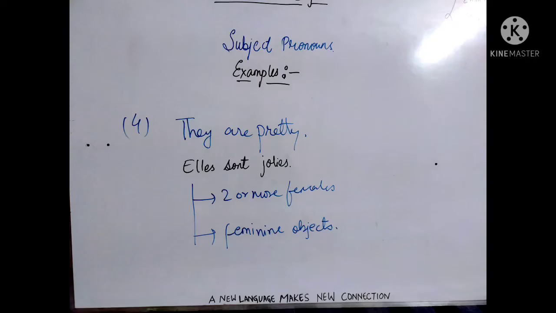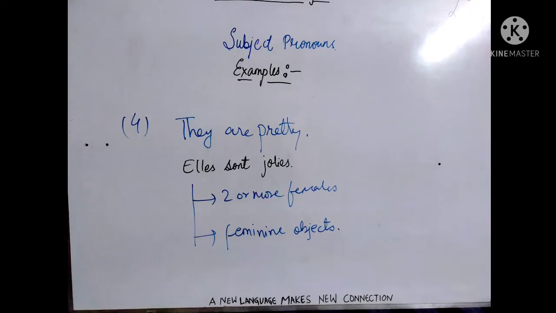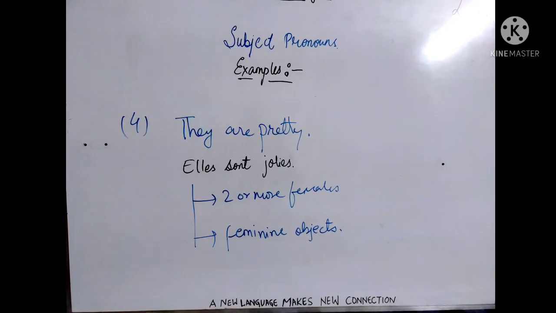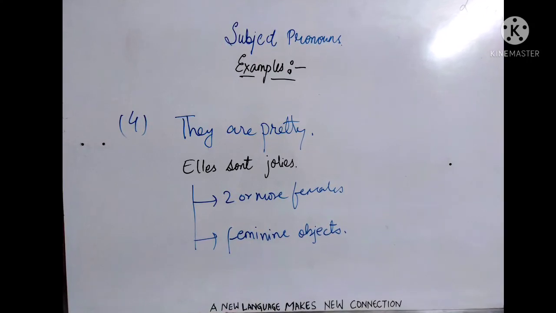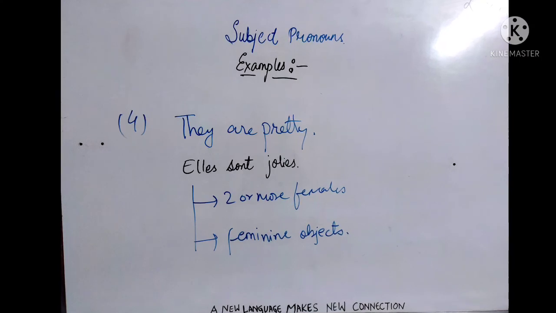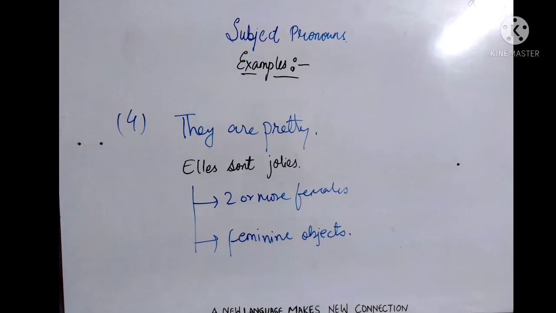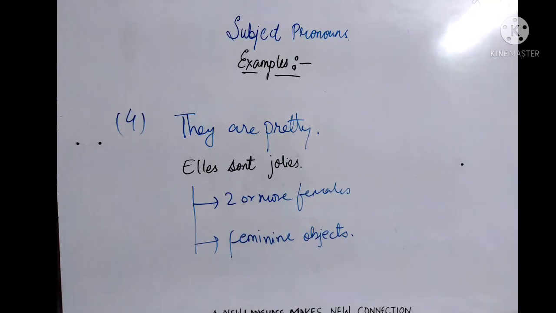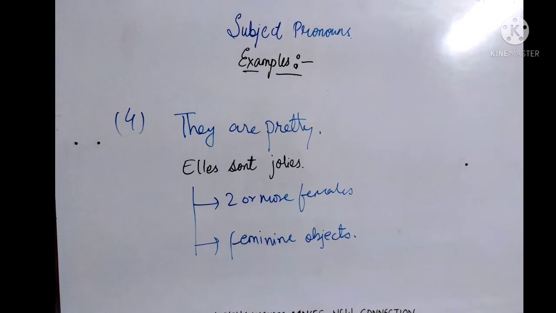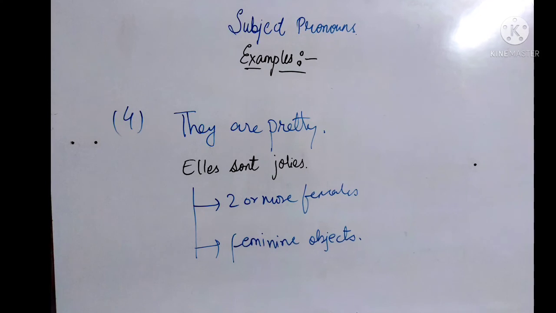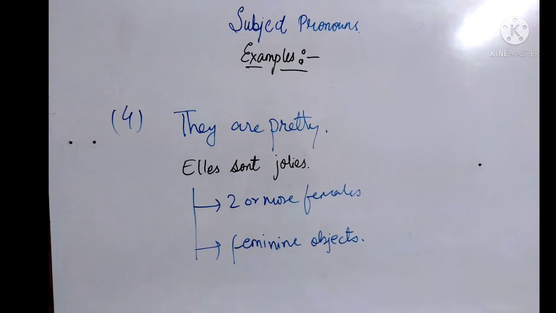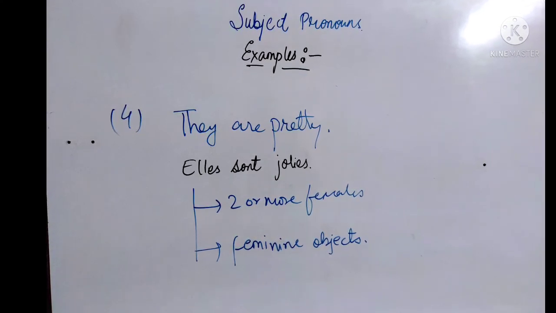Okay, now how to use elles? When there are two or more females, or when there are feminine objects. We have taken an example of they are pretty. Okay, now they here can be females, can be flowers, can be dresses, can be jewelry, anything which looks pretty. Okay, so also jolie.